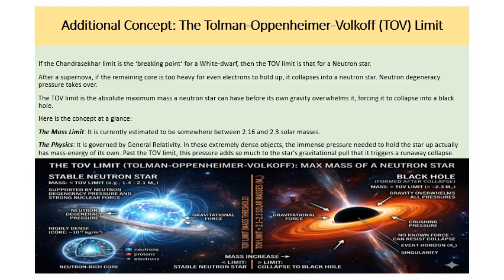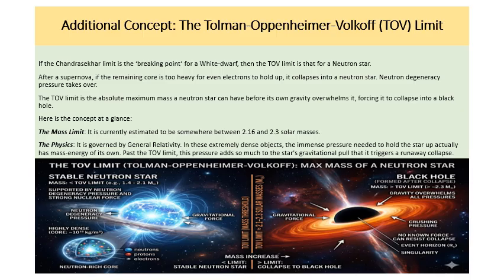The TOV limit tells us the absolute maximum mass a neutron star can have before its own gravity overwhelms it, forcing it to collapse into a black hole. So the mass limit is approximately 2.16 to 2.3 solar masses, and the physics is governed by general theory of relativity, Einstein's general theory of relativity.